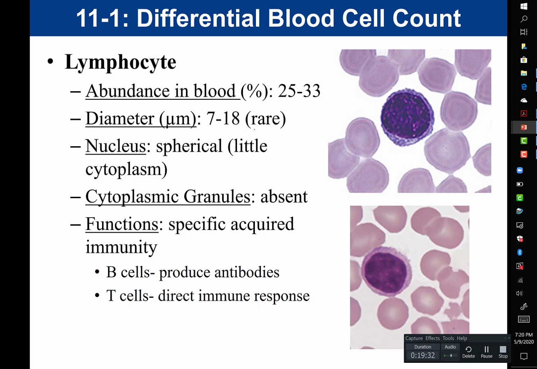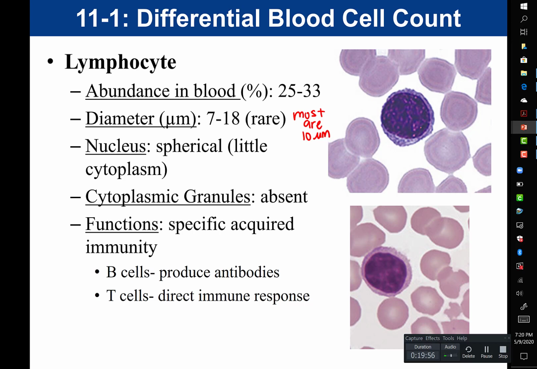Notice 18 says rare. Most are 10 micrometers. The way that I identify a lymphocyte is I think of lymphocyte as little. These are the little white blood cells.